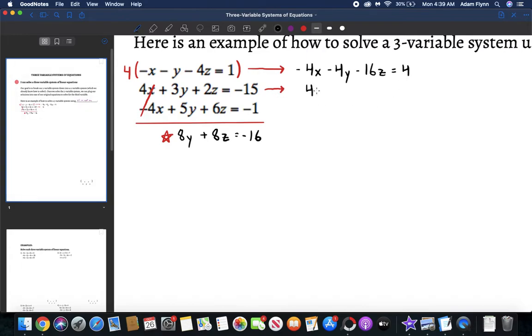So I've got 4x plus 3y plus 2z equals negative 15. So now I'm going to combine these two equations.